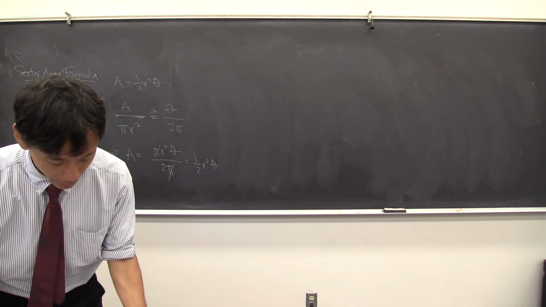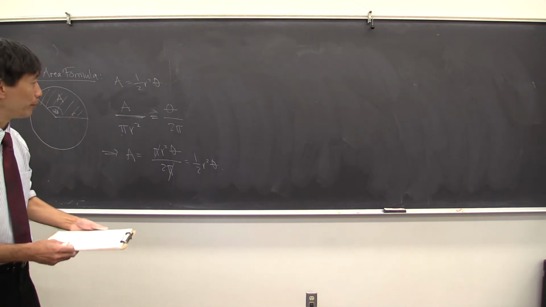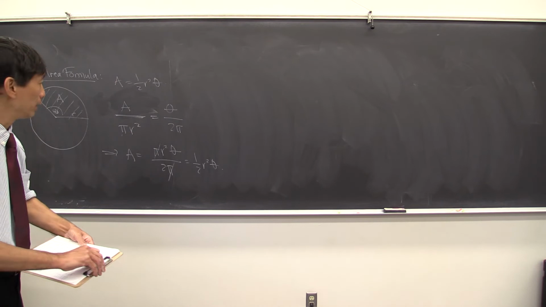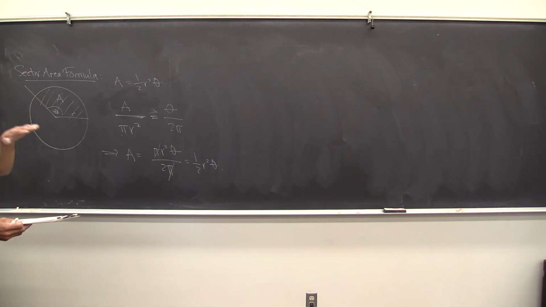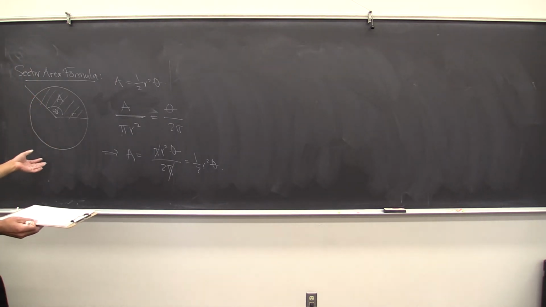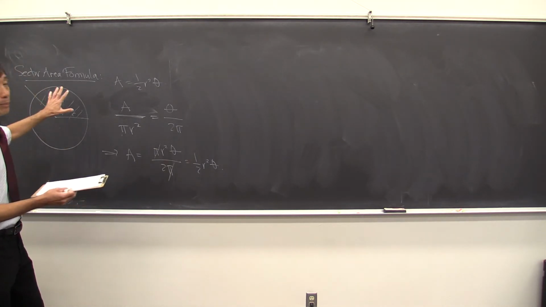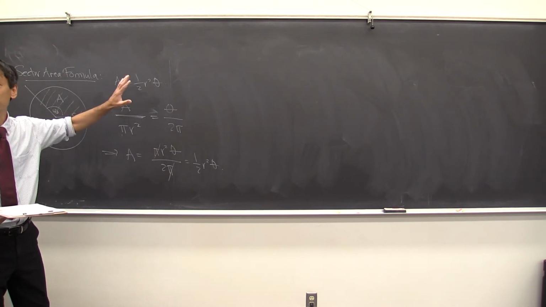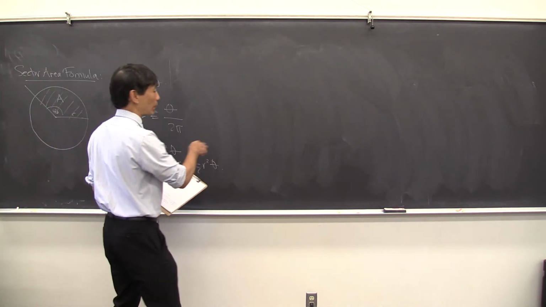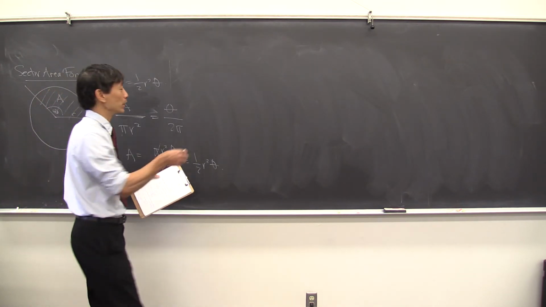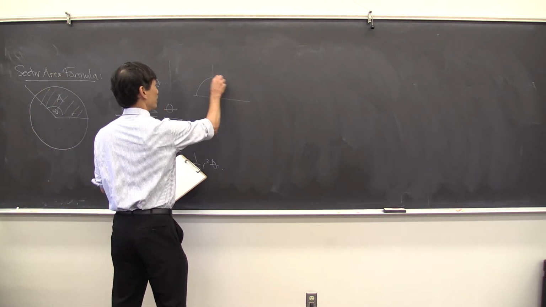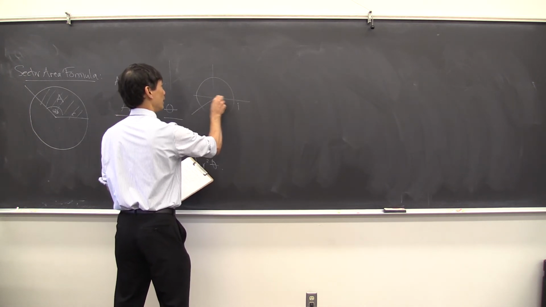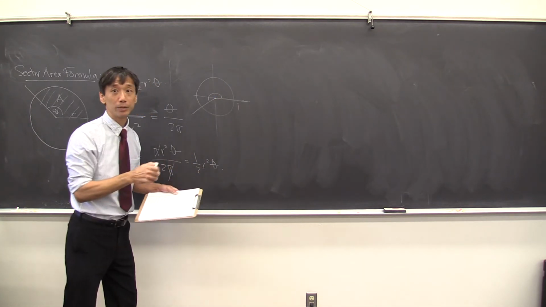There's a little bit of physics in this chapter, but I'm going to skip it. From a mathematical point of view, the main point of this section is not things like the sector area formula or arc length formula, but rather the definition of radians. What is a radian? How do you describe an angle? If this is your angle, what do you call it in radians?